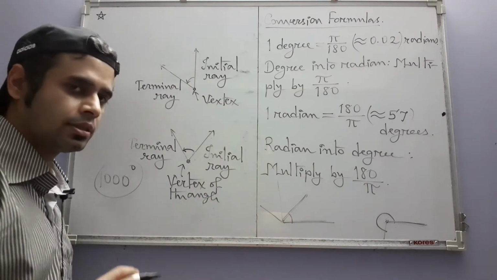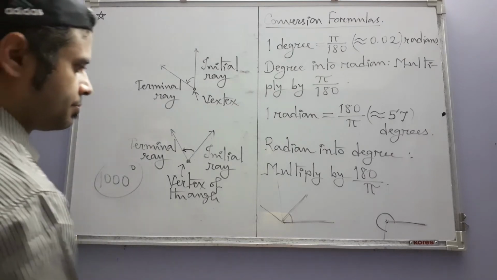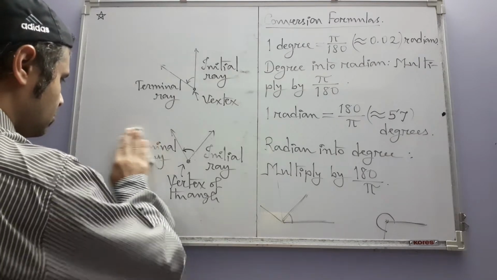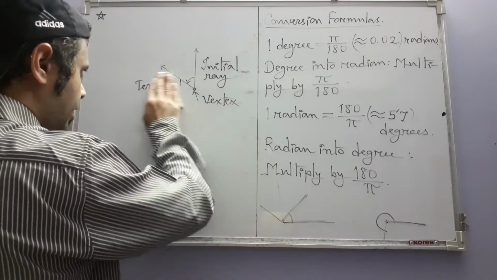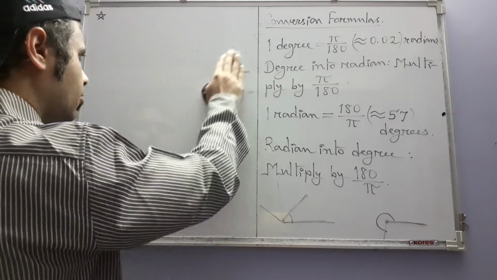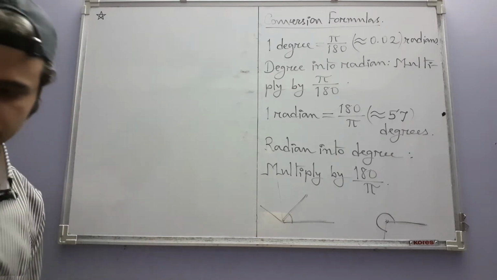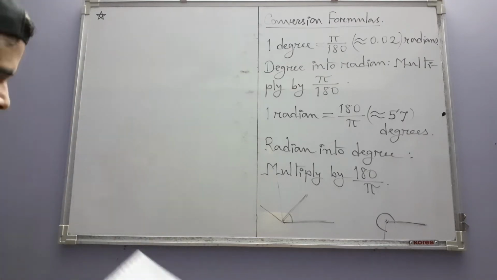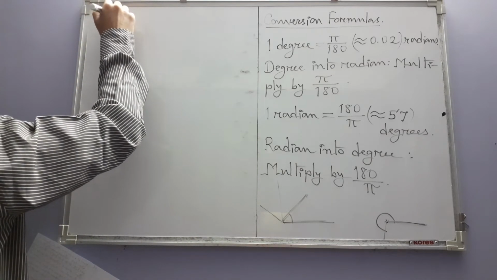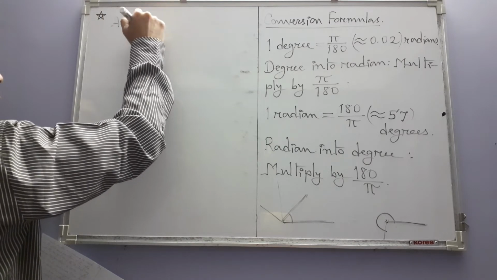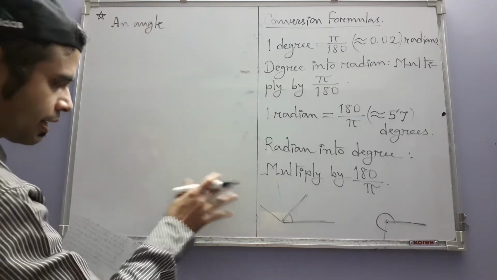And that's where the standard position of an angle comes. That is the next thing. So from now on, whenever we talk about angles, we will always try to think of the angle as a rotation. So in this line, an angle means that type of interpretation.